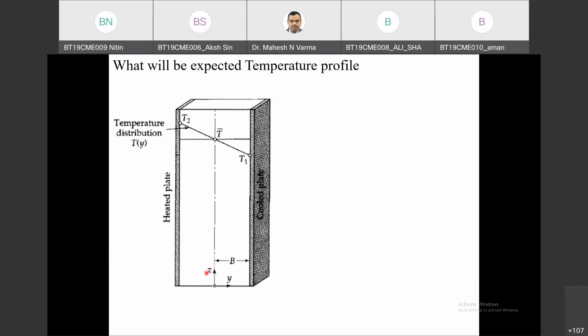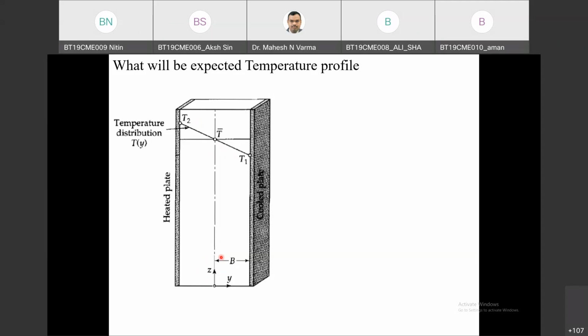If I consider a convective flux in z direction also, then there will be non-linearity in this curve, some S kind of curve I can expect. But at the middle point, there will be the average temperature. Here I will have T2, here I will have T1. It would be non-linear if I consider a convective flux in z direction, but it is very logical to neglect this.